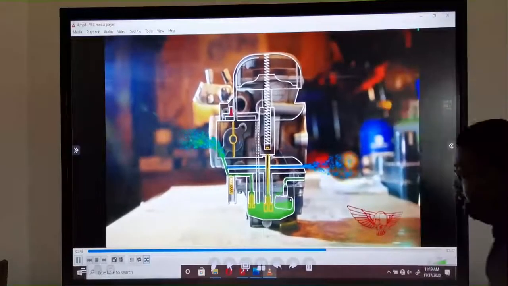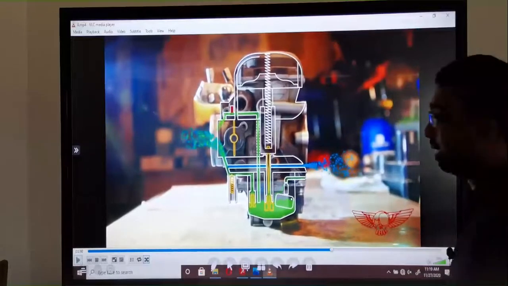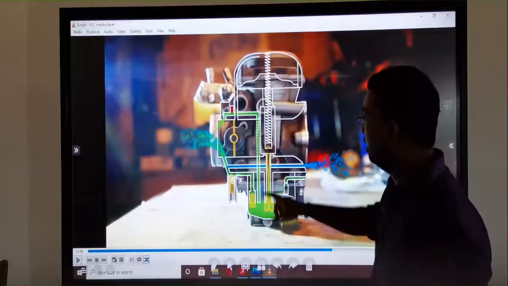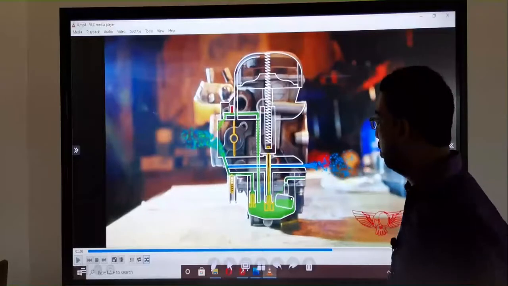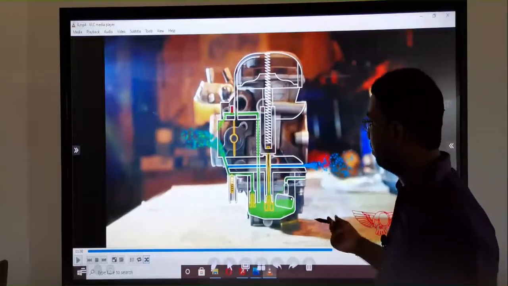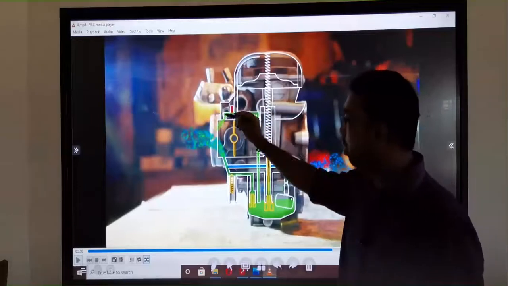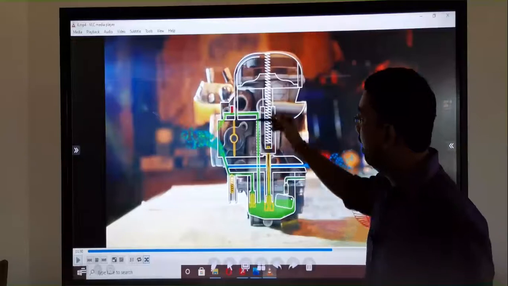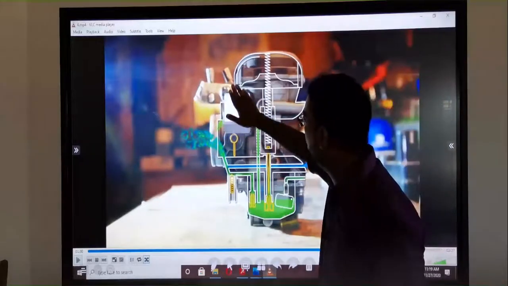So we can see this type of carburetor, the diaphragm carburetor, has no choke valve. That means it's like a butterfly valve. There is no choke valve. So how is the choke function achieved? There is a separate tube, the choke. This is connected with this reservoir. This is a thread, connected with the choke lever.